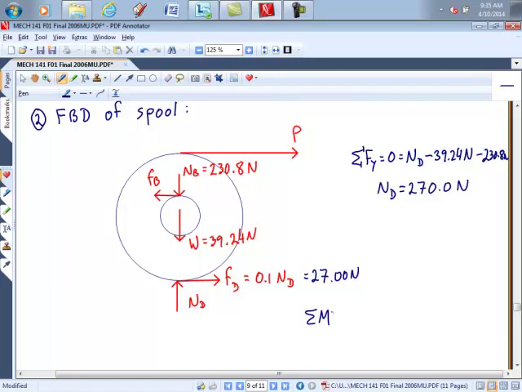Or we could take moments about B. So we do moments about B, then I'm only going to have these two forces.